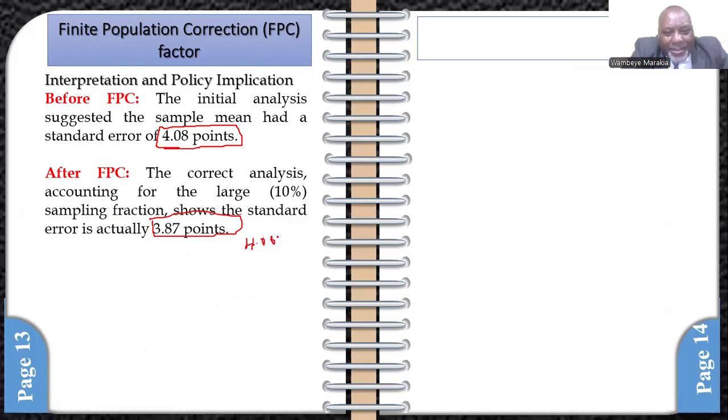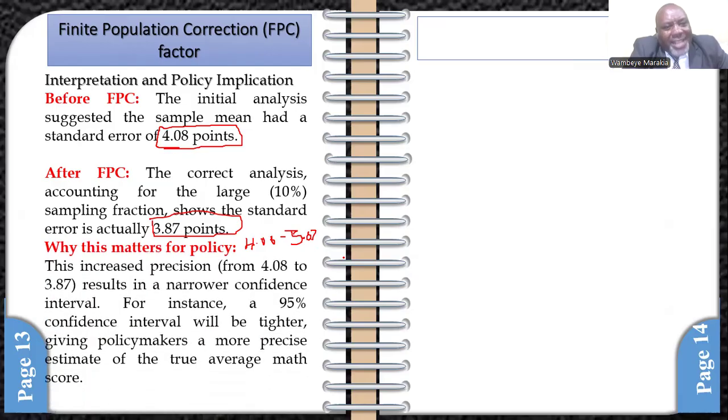Now, when you take 4.08 minus 3.87, you realize that you get a difference, and when you calculate the percentage of this difference, it matters in policy.